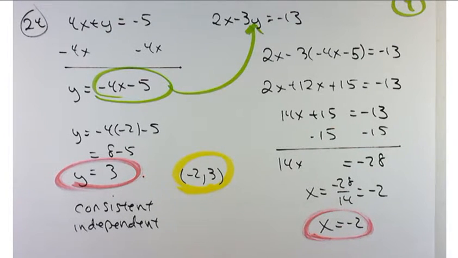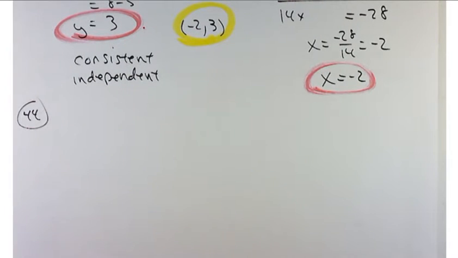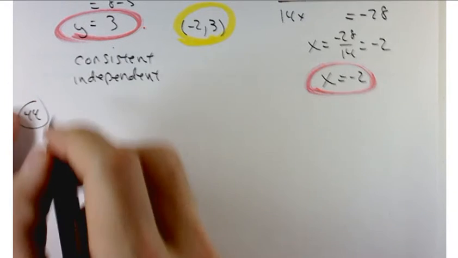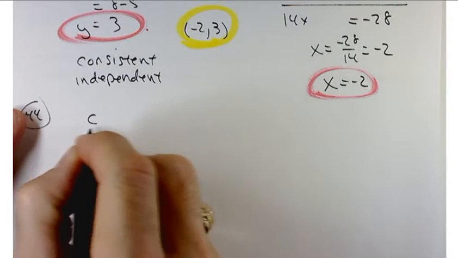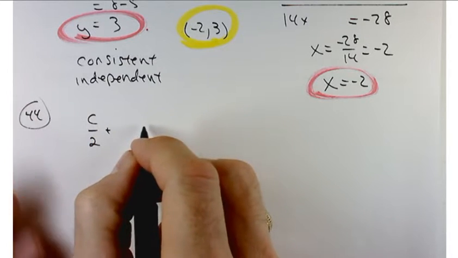Let's try problem number 44. Now, leave yourself some space as you write this. It's c over 2 plus, and then leave yourself a good amount of space.